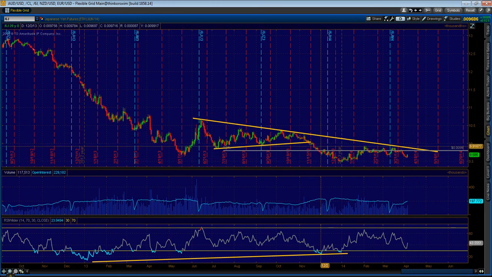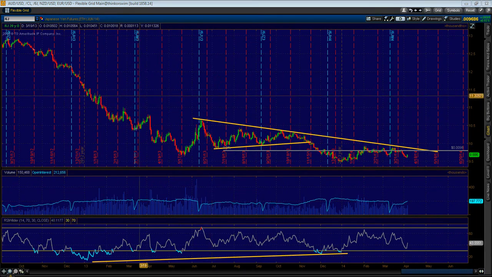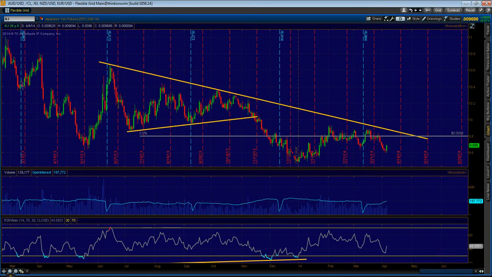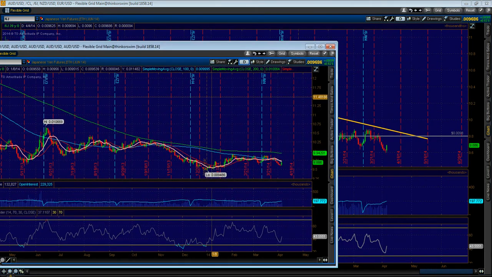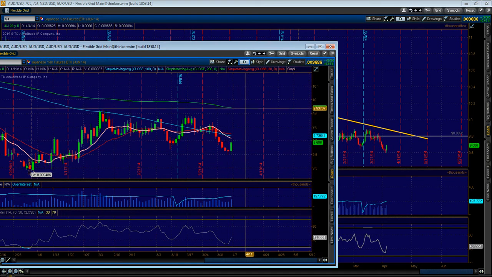Okay, trendline resistance 9.8, very similar to where the moving average is at, 9.8, 9.9. Let's actually pull up the moving average and have both viewed together. So the trendline resistance is very close to where the 50-day SMA is at.